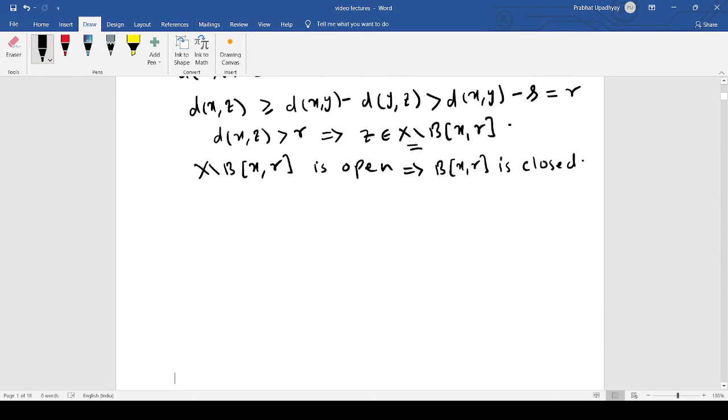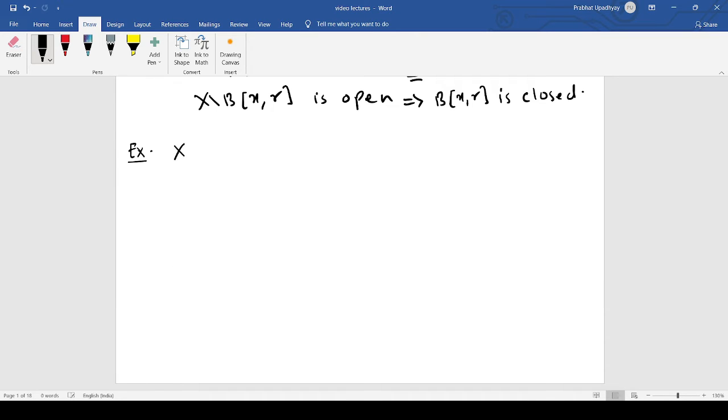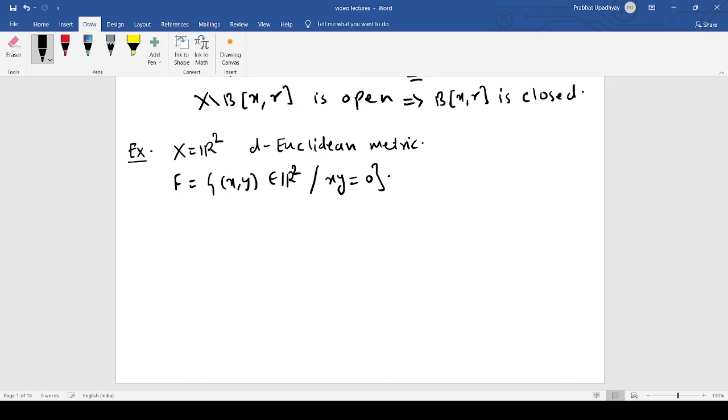Let's try to see a few more examples of closed sets. Say your X is R2 and your distance d is the Euclidean metric, and the set given is F equal to the set of all elements (x, y) in R2 such that the product xy is equal to 0.